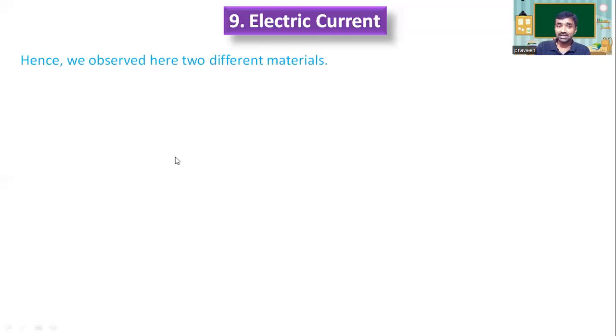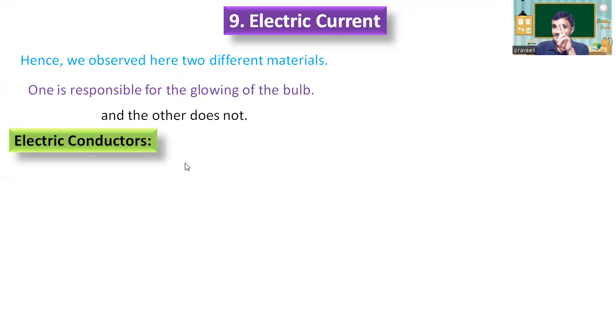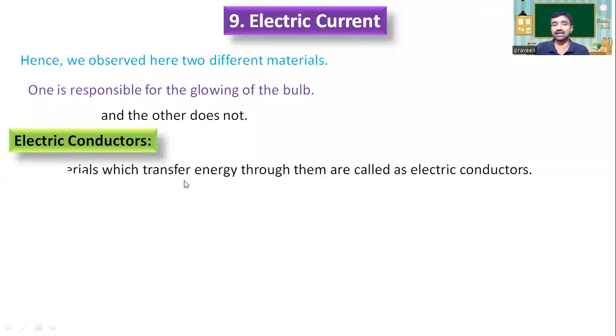So the materials responsible for the glowing of the bulb are called electrical conductors, and those which are not supporting or not supplying through them are called insulators, right?